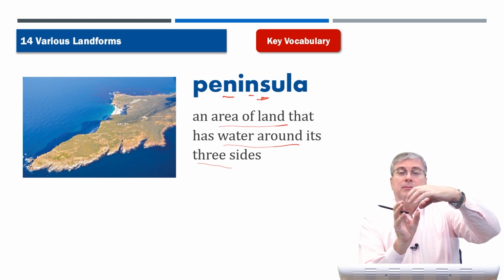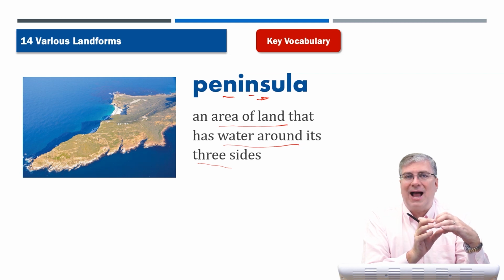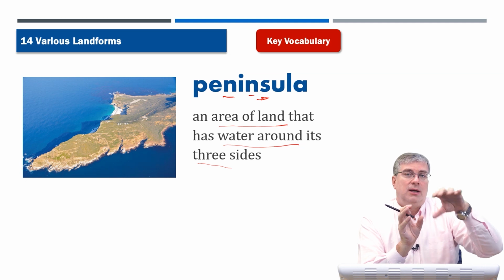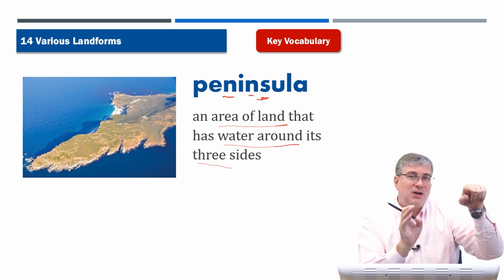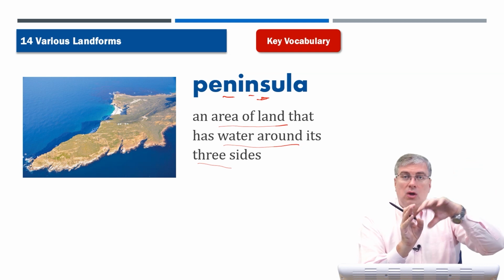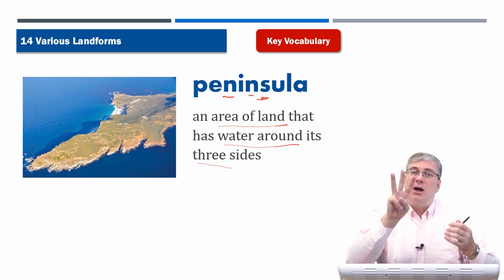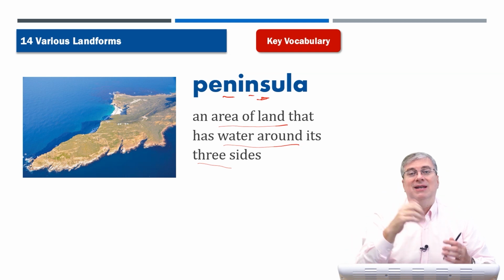So you have a peninsula, but it's not completely surrounded. It's not the Korean island, right? No, it's not an island, it's a peninsula because it's connected to the rest of Asia, right? There you can walk. You don't have to cross any water to go from Korea to China to Russia, right? It's all land, right? But Korea is surrounded on three sides by water. That makes it a peninsula.